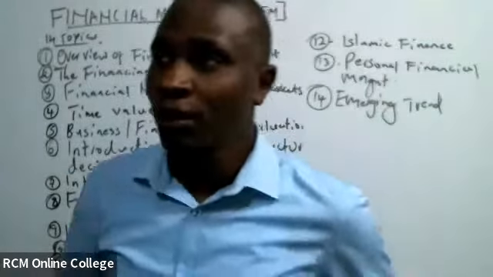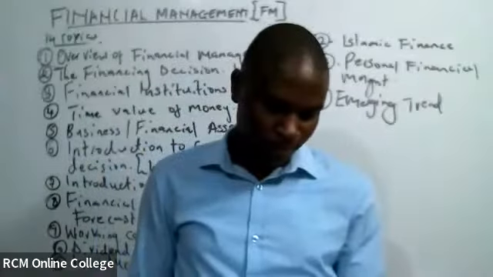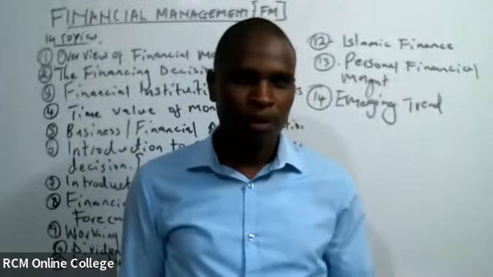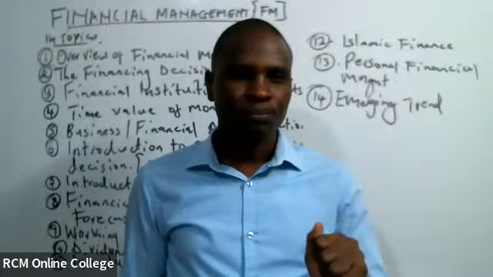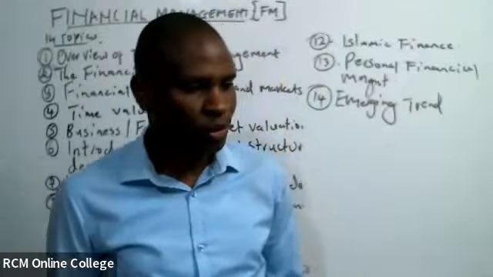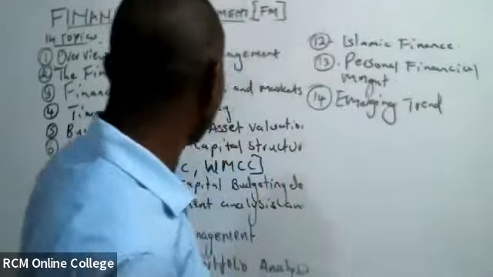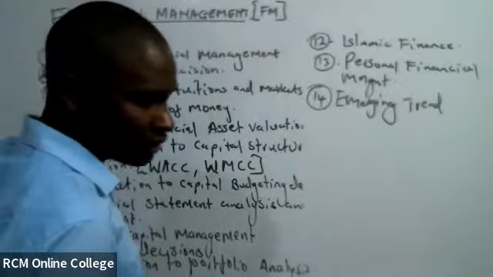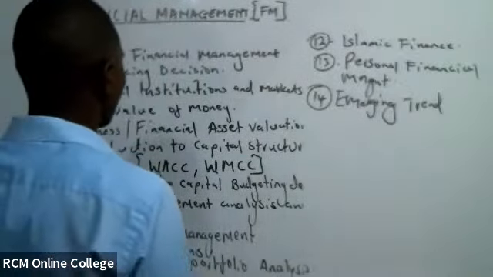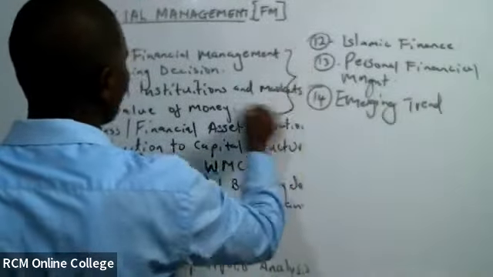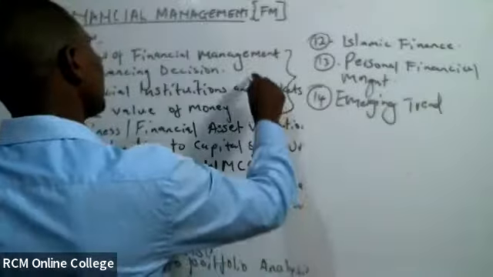Okay, good. Now, I just want us to do something today. And I always start here. For these topics, if I try to analyze the topics here, class, topics 1, 2, 3, these are theory topics.